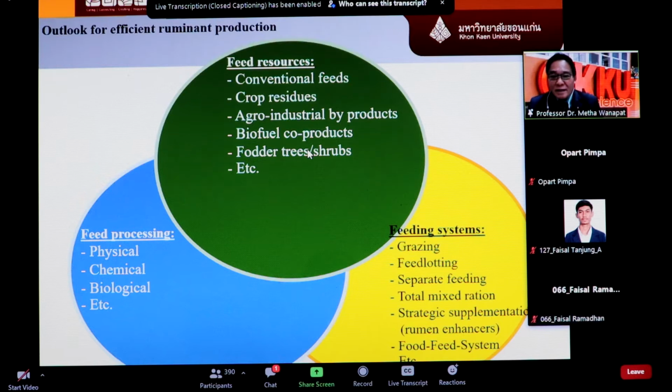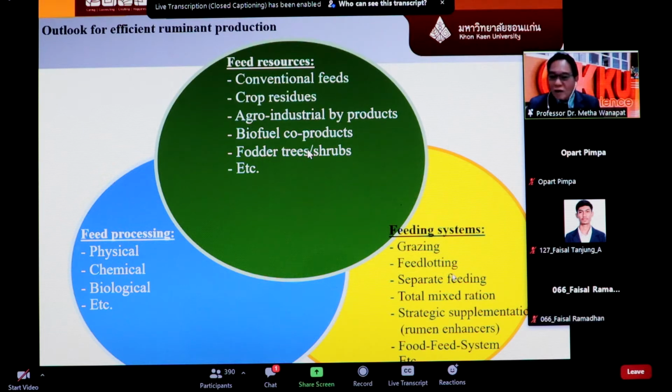What's existing, and we have to tailor it down to such a system that will best benefit in terms of the resources of feed and also in terms of nutrient utilization, and for the goals of the productivity.